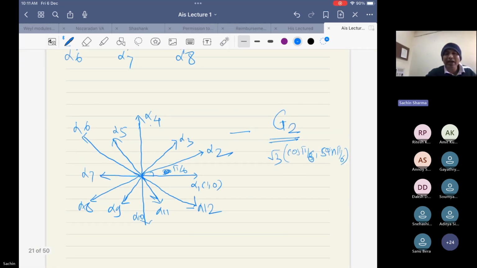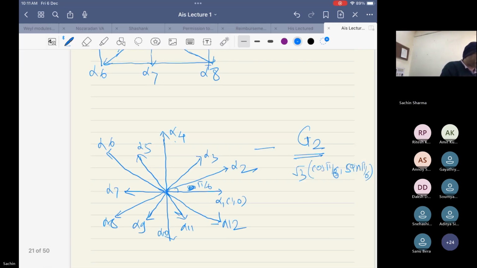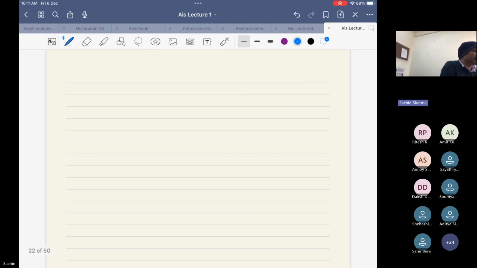You should not get scared of what the root system is. You now come to know that these are 30-degree apart vectors, with a nice norm and all these things. Let us continue. As Snehashish asked me to do something more, I will go to the more theoretical approach, studying the interplay between the geometry and algebra.